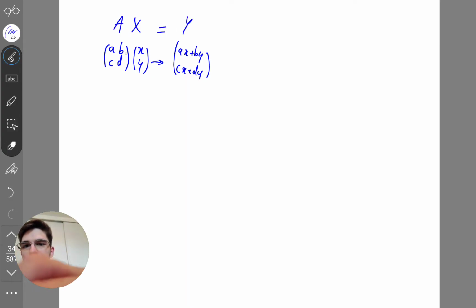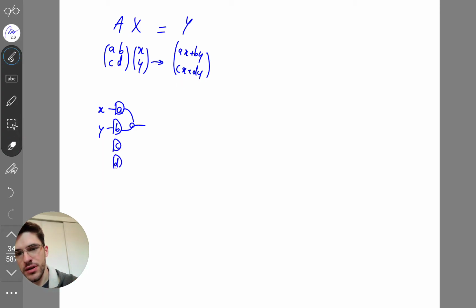And the way I write this graphically is that we can just write AX plus BY. That's easy to write, right? This is multiplication by B, multiplication by A. So I take X, I multiply it, I add those two, and then I get AX plus BY. And then I also want this one, so that's CX plus DY.